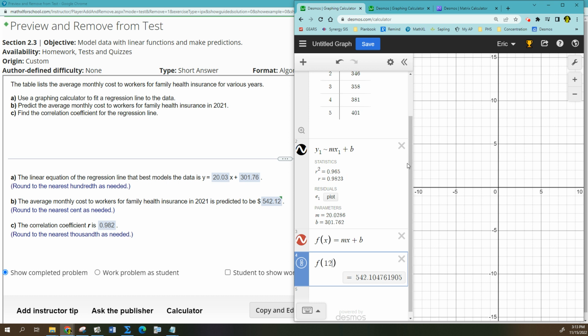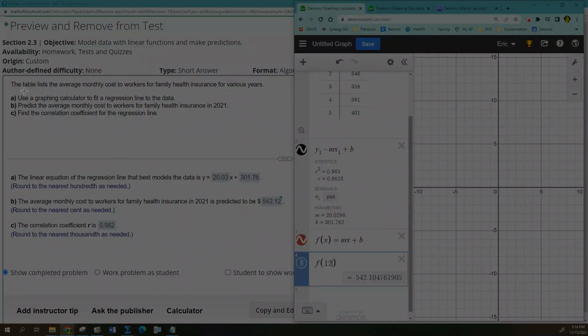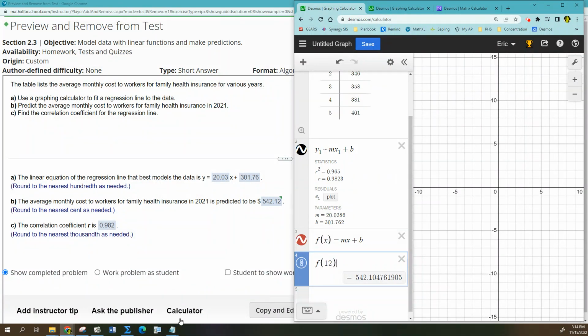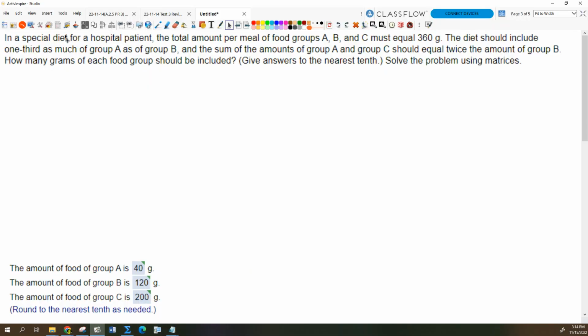Okay. Tell you what, let's put all that stuff in here.